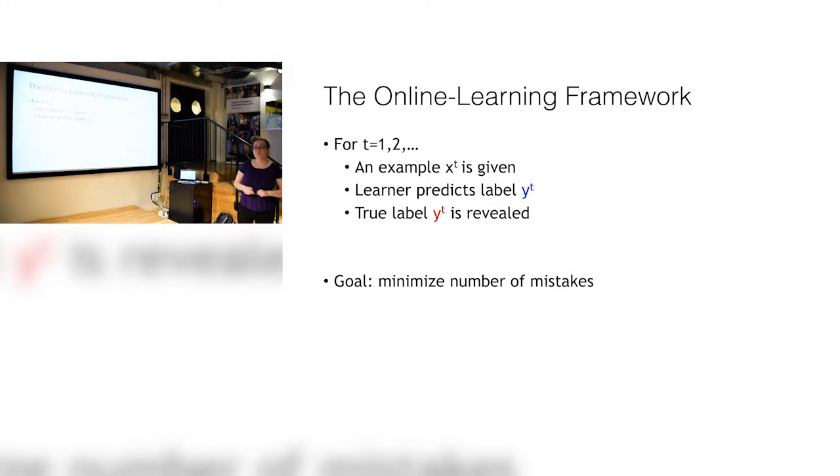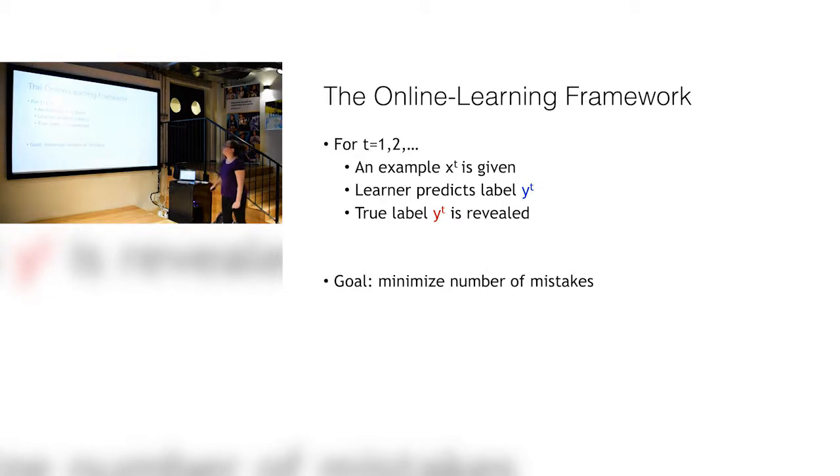Then someone tells us what the correct label is. And the goal, obviously, is to minimize the number of mistakes that we make. Okay, so this is online learning. Any questions about it?